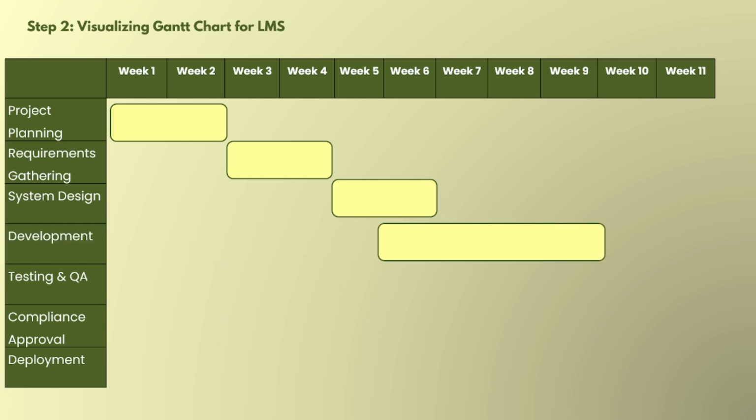And now the most important phase, weeks 6 to 9, which is development. Development starts within the system design work, but week 5 is very crucial for development. If week 5 is not able to provide the requirements needed for development, then week 6 will not be utilized for development work and everything gets messed up.